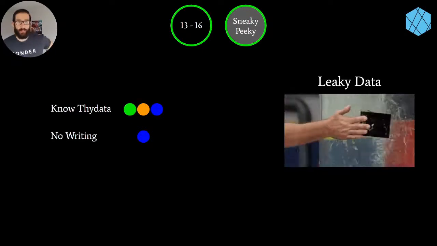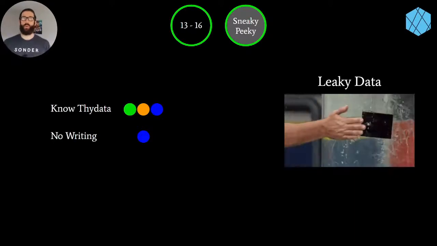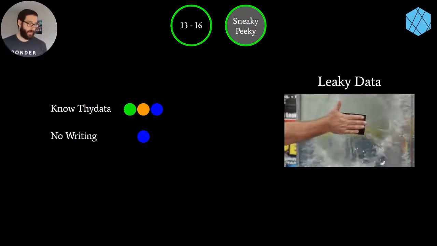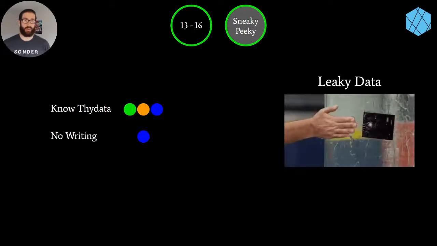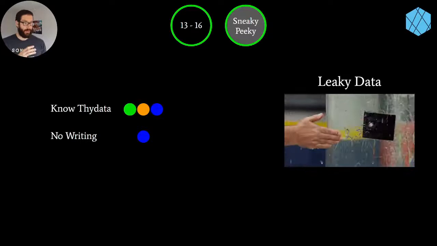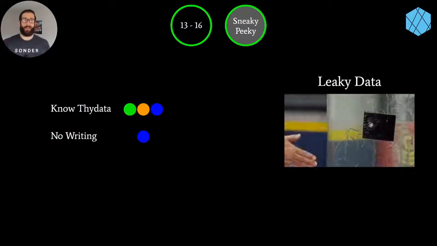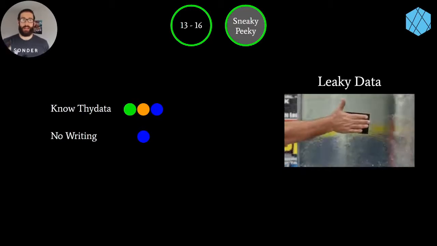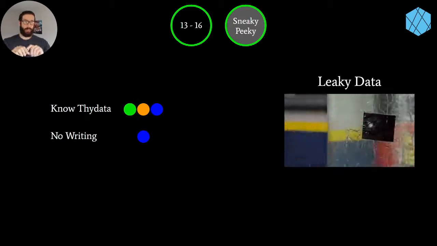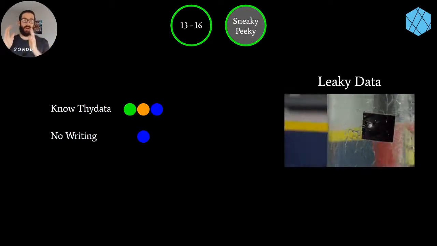The first one is know thy data. This is a common occurrence amongst a lot of the controls, where it's basically having an awareness of the situation. And the situation right here is knowing the data that you have in your organization. There are different types of data. The ethos of this sub-control is mapping out all the different types of data you have in your company and then ensuring that all of those mappings are associated to who has access, and not just who has access, but also what kind of data it is.